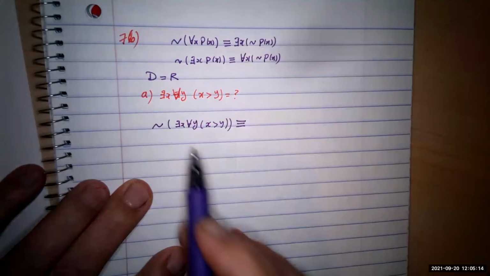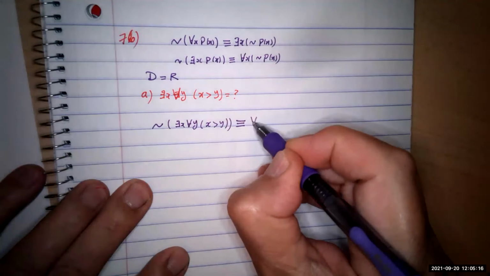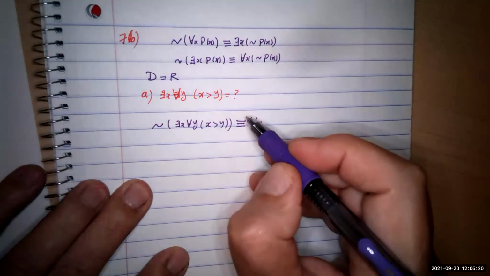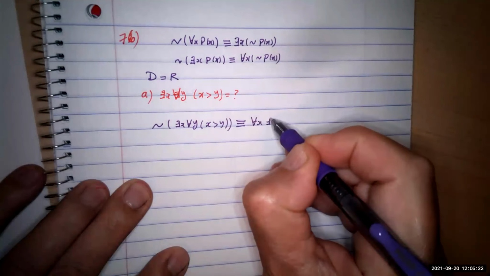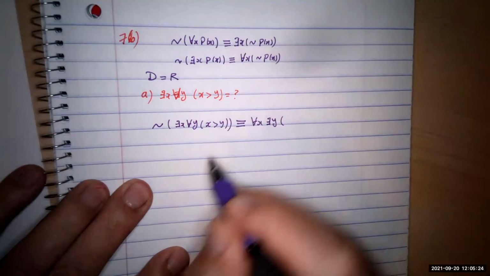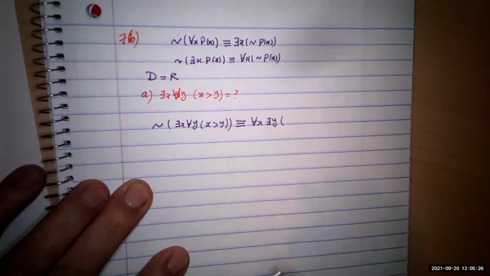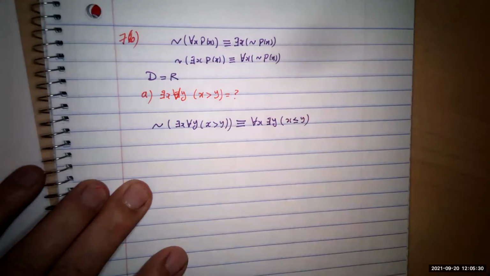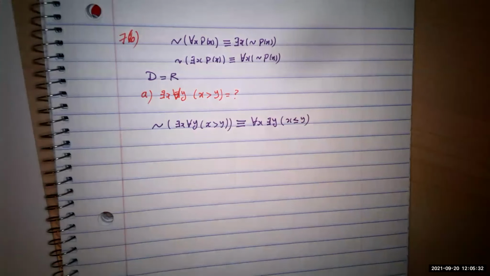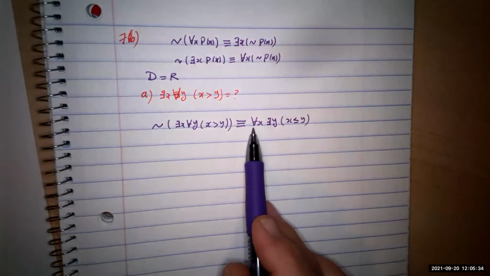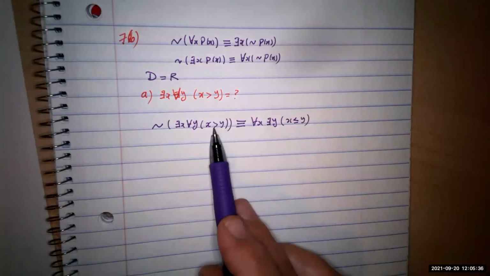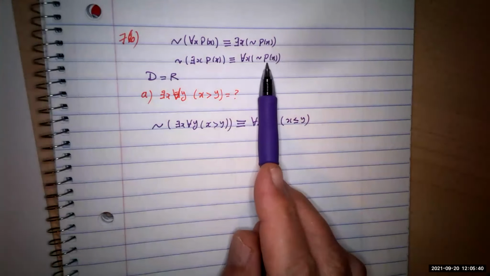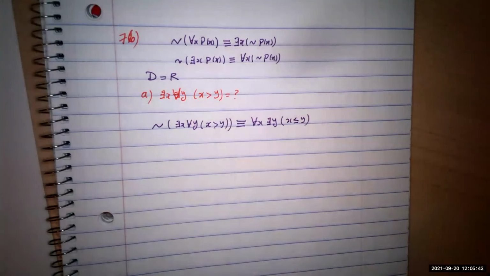We change the quantifier, so it's equivalent to for all x, there is a y. Now the negation of x greater than y is the complement, x less than or equal to y. I've seen on the test that people negate the quantifier but keep this part. No, you negate everything: not p(x). So that's the first one.